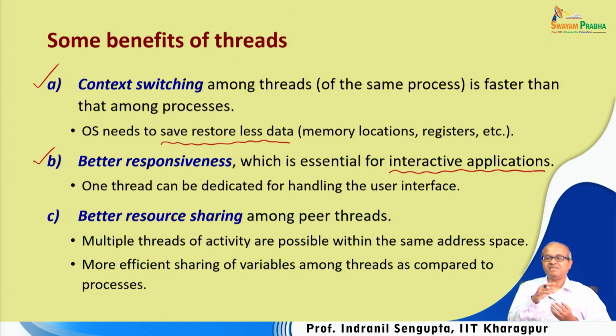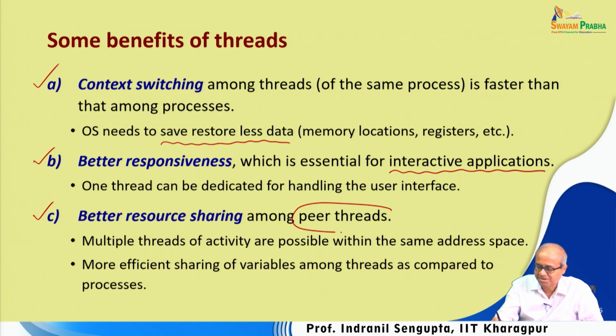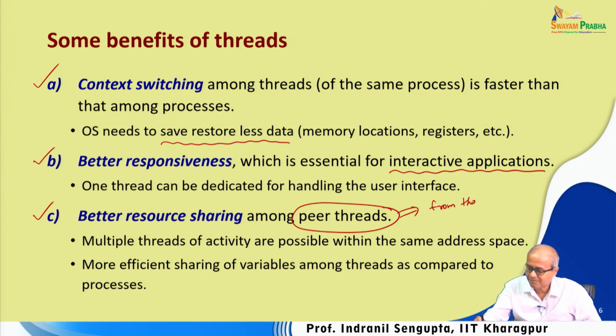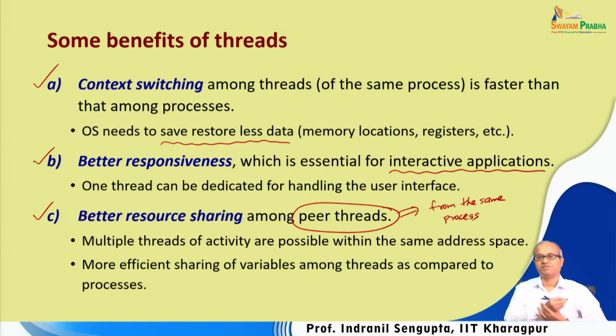And since the code and data regions in a thread are shared, as I said, it leads to better resource sharing among the peer threads. Peer threads means all threads which are generated from the same process. So, you can have multiple threads of activity.